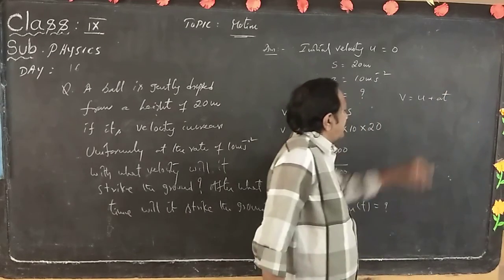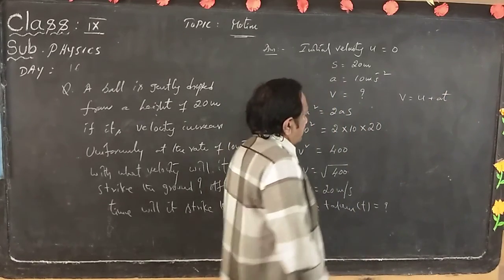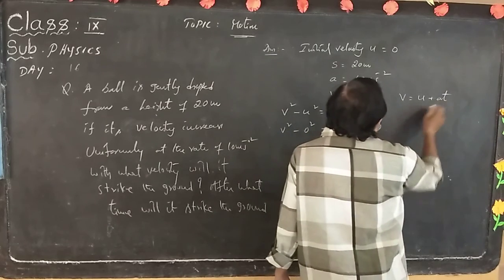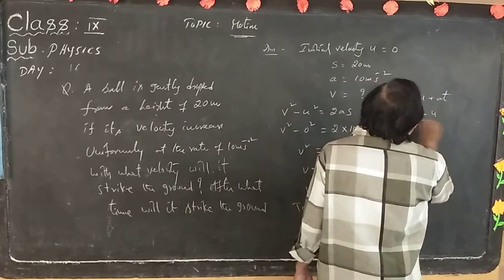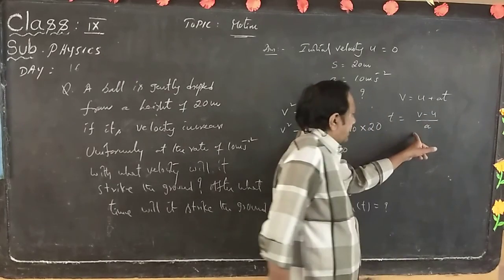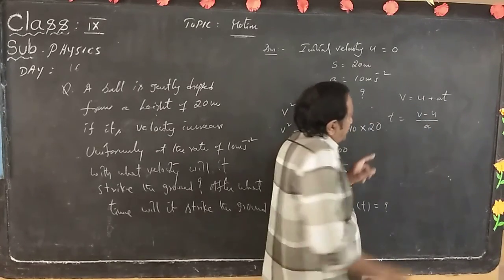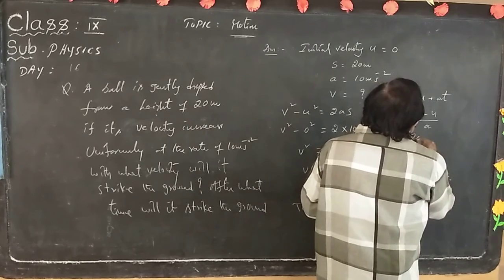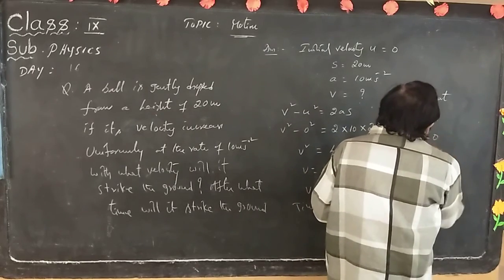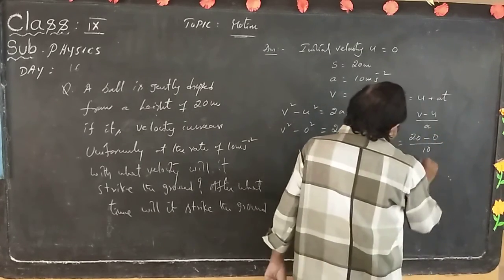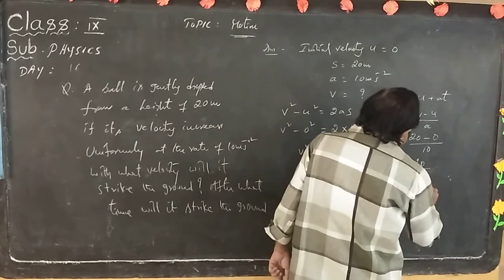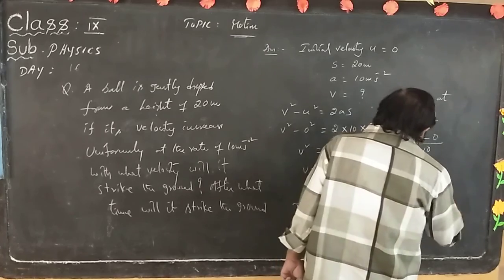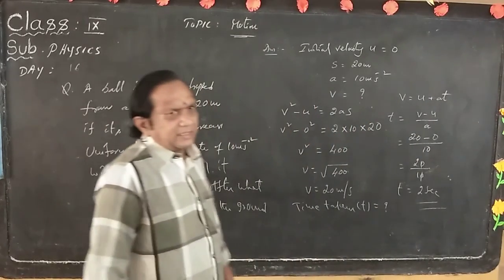To make t the subject, t is equal to v minus u by a. Now v value 20 minus u 0 by 10, that is equal to 20 by 10. Now time taken is equal to 2 seconds. After 2 seconds it strikes the ground.